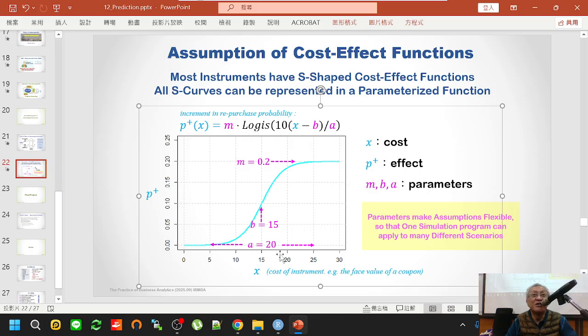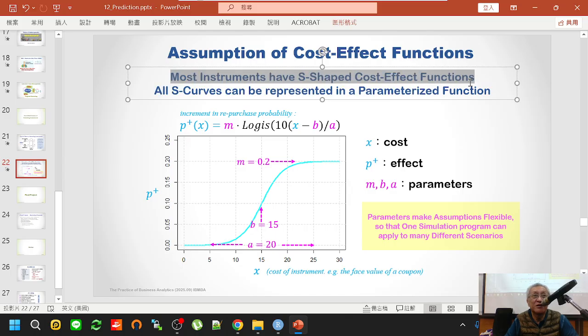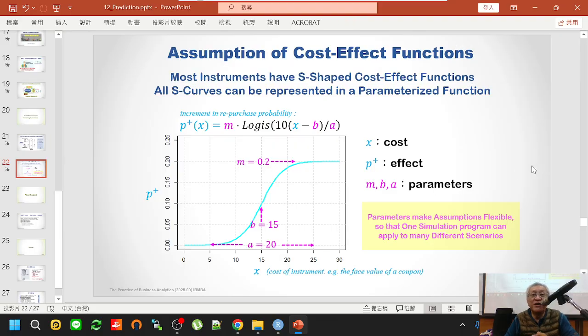So first of all, we know that generally all of the marketing instruments would take an S-shaped cause-effect function. And secondly, we can use these MBA parameters to control the height, the position, and the width of the S curve.